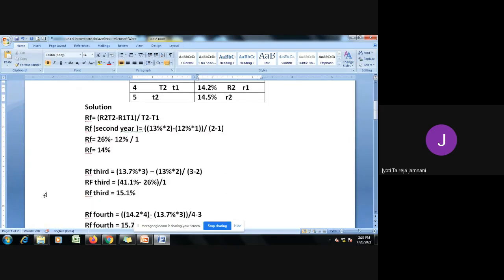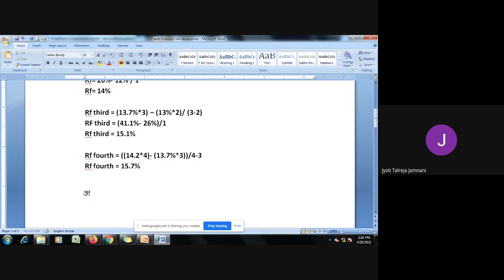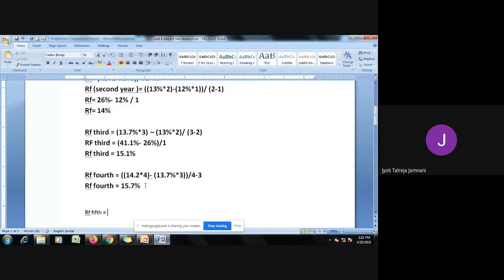So RF for fifth year is equal to 14.5% into 5 years, minus fourth year value, that is 14.2% into fourth year, that is 4, the whole divided by fifth year minus fourth year, so 5 minus 4.